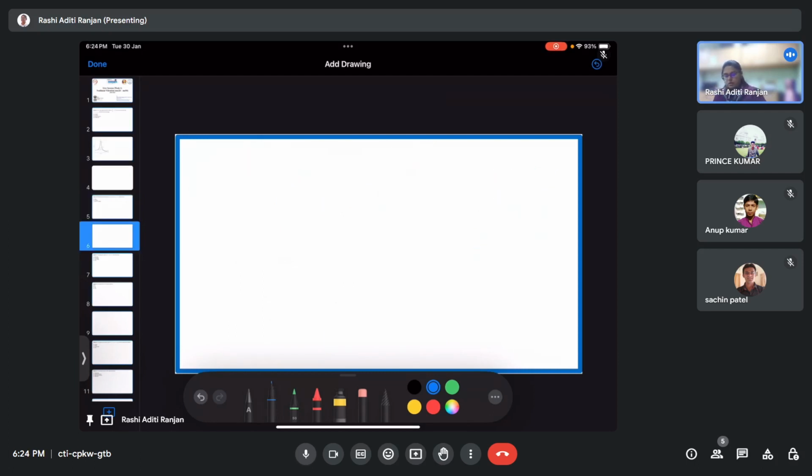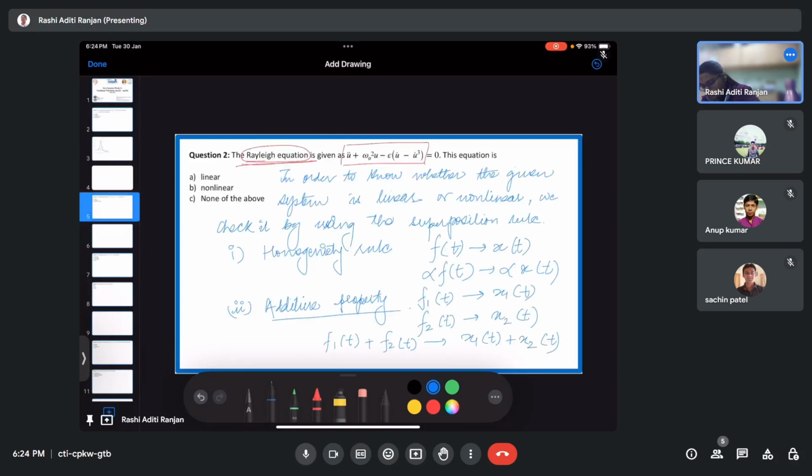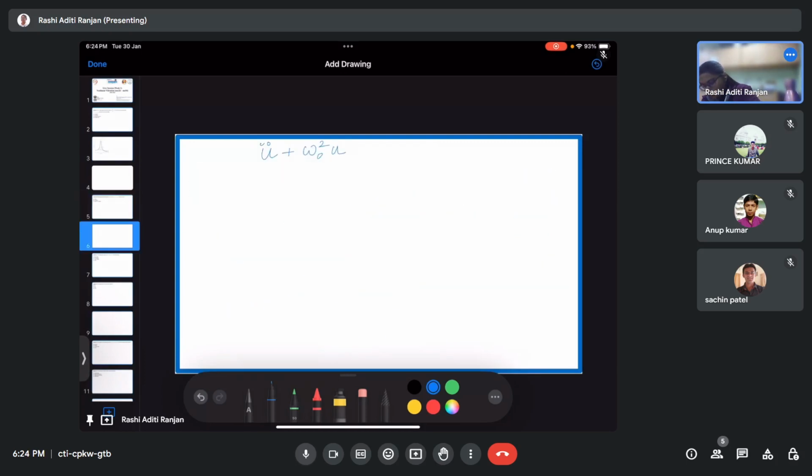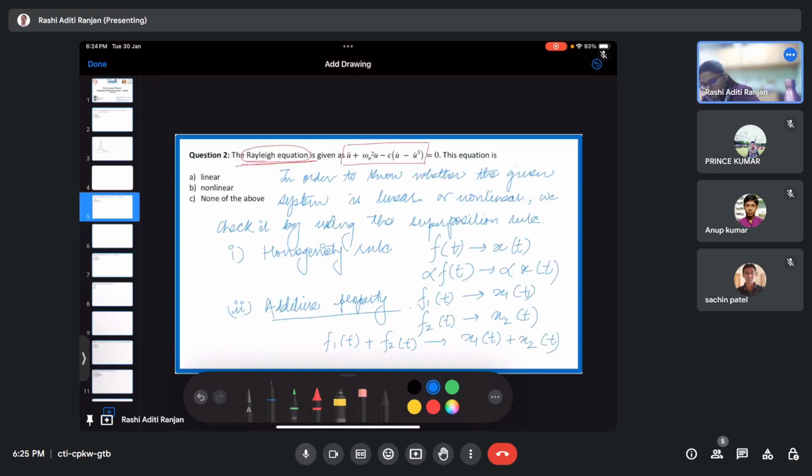So the equation is, just a second, u double dot plus omega naught square u minus epsilon u dot minus u dot cube equals 0. Correct? Yes.